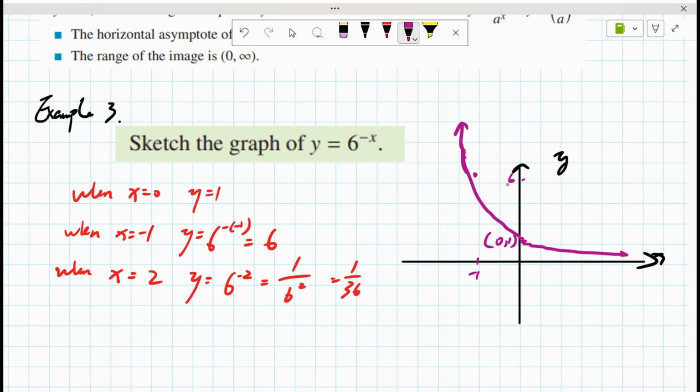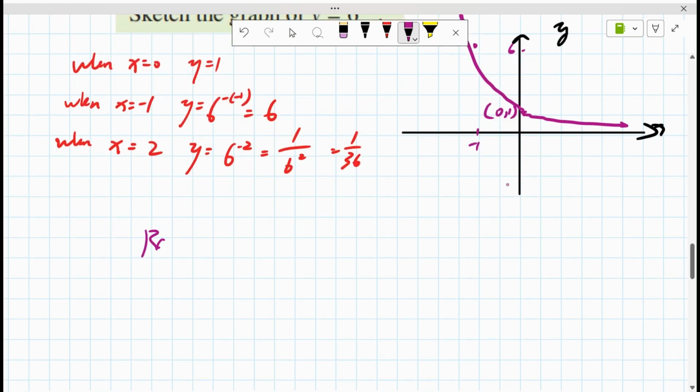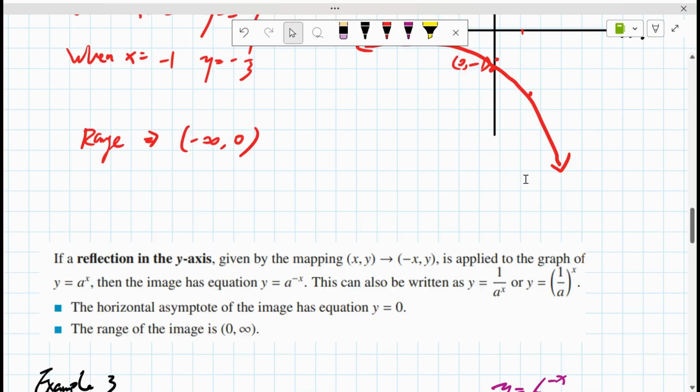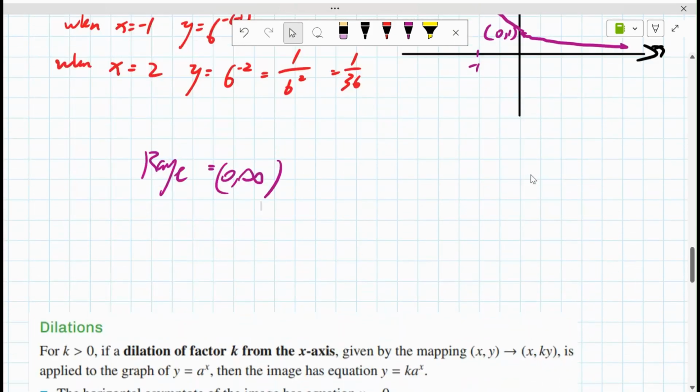Perfect. And then that will be y equals 6 to the power of negative x. And then the range is 0 to infinity. All right, perfect. And that's it.